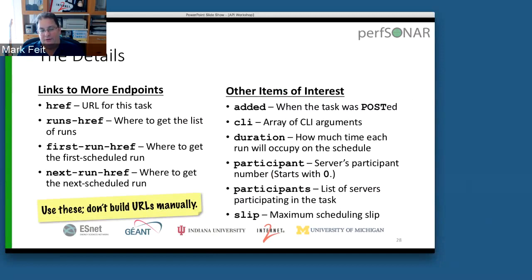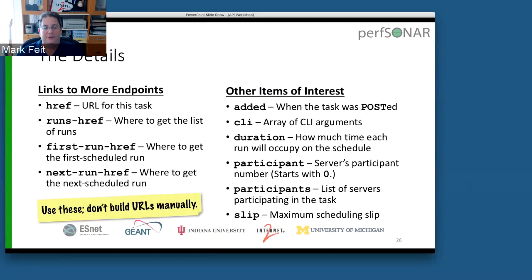So until the first run happens, the first run href and the next run href will return the same thing. If you take a look at our 1 hour with 10 repetitions example that we showed beforehand, if you come back 5 hours later, first run href is always still going to be the same. Next run href will be the 6th one because it's been 5 hours and 5 of those have run already.